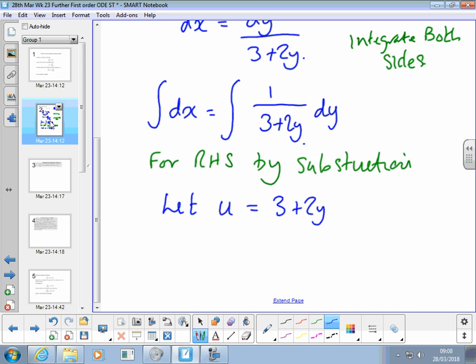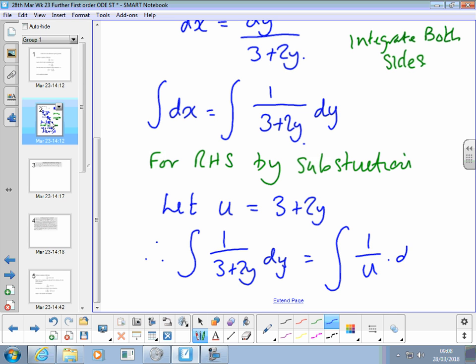Therefore, the integral of 1 over 3 plus 2y dy is equal to the integral of 1 over u du.